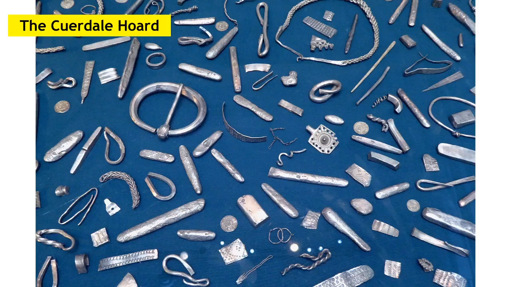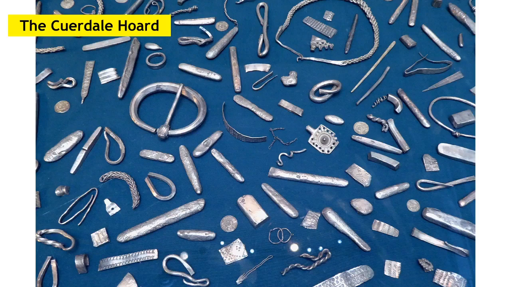And some of the treasure came from thousands of miles away, places like Scandinavia, Russia, Constantinople in the Byzantine Empire, Iceland, Greenland. So we know that actually this hoard was on a trading route that must have connected huge areas of the Viking world.